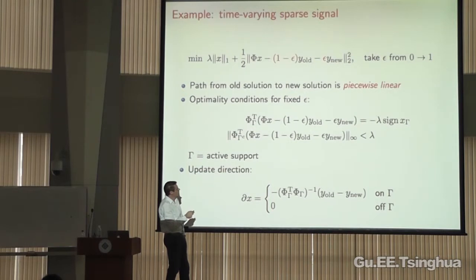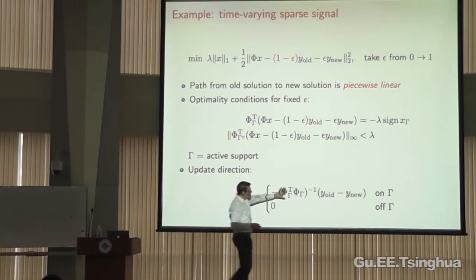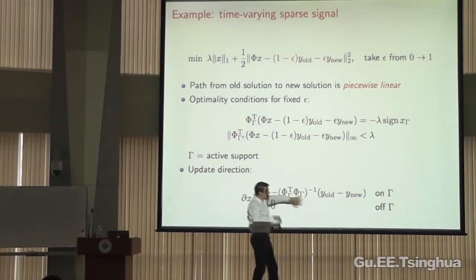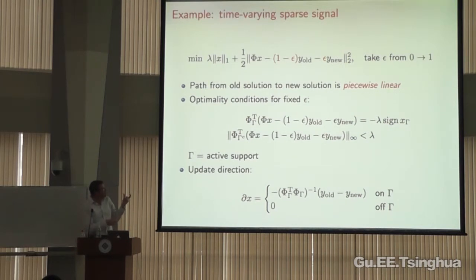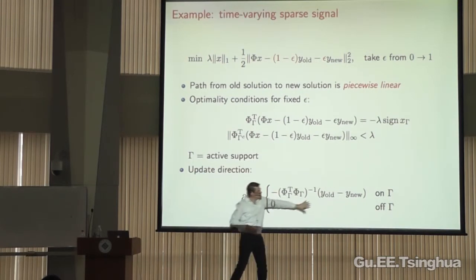And so for epsilon really small, what does it mean? It means the direction I'm going to move as I change epsilon is basically this matrix times the difference of these measurements on the support and 0 off the support. So I just look at the optimality conditions and it gives me a direction to move. And the other point is that this direction is linear in the measurements.